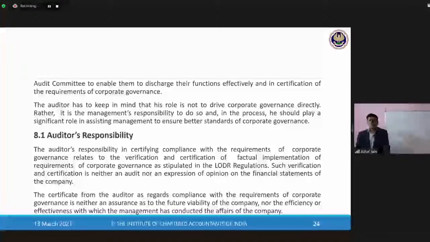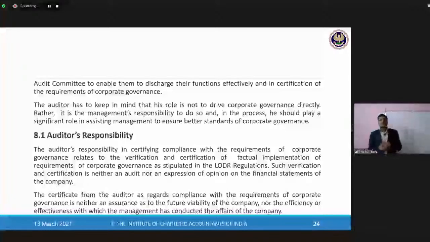If any of you have audited a listed company, you may know that every year a certificate is required to be issued by the statutory auditor to the company, wherein he would certify the implementation of the requirements related to corporate governance. And all of these flow from the requirements of LODR regulations, because corporate governance all comes from the LODR regulations. Now, this is a separate certificate, over and above the statutory audit.